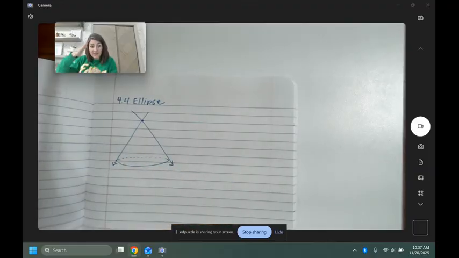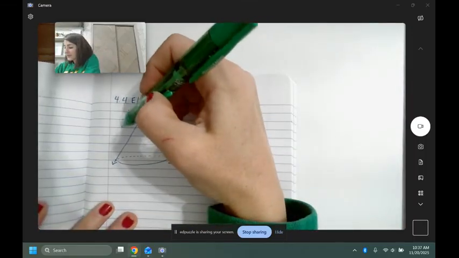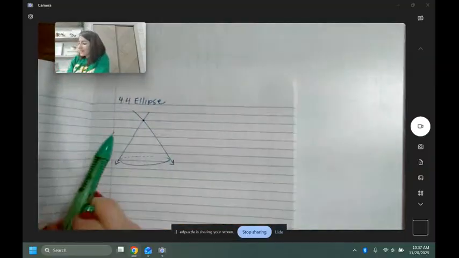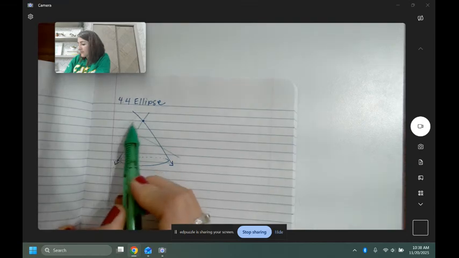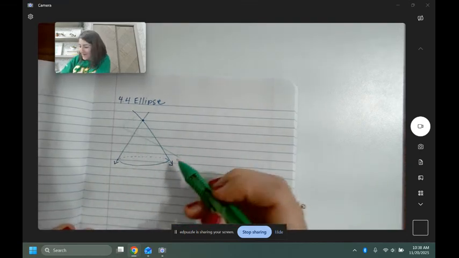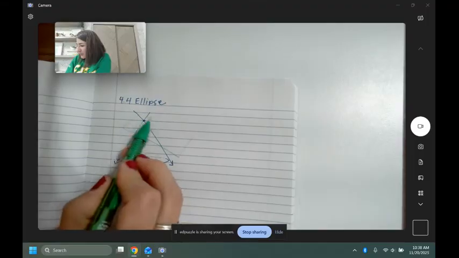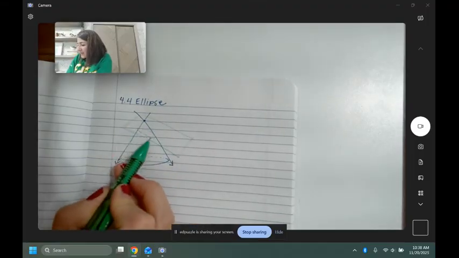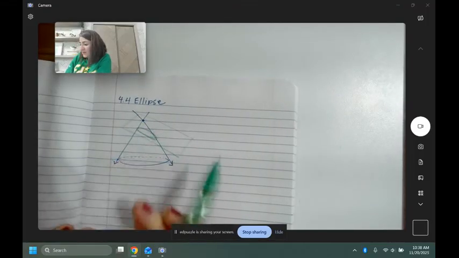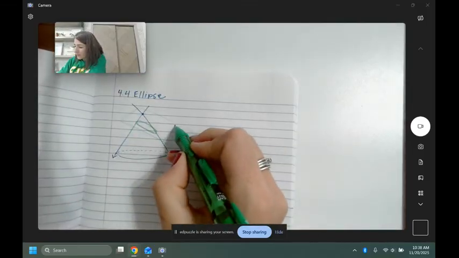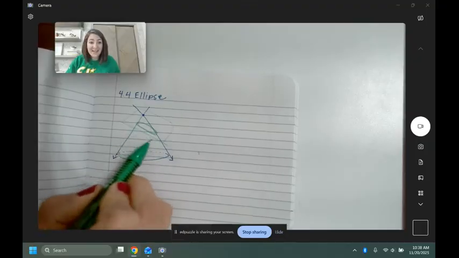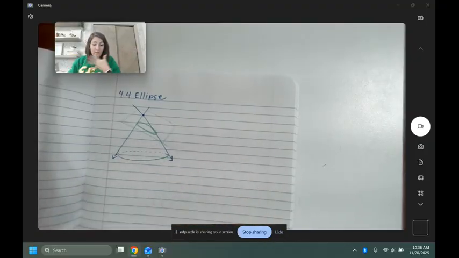But if this were to be intersected by a plane that cuts through it with a line that's not quite as slanted as the original line that made the cone, I'm going to get this ellipse shape cut out of this. That's where the ellipse is from.